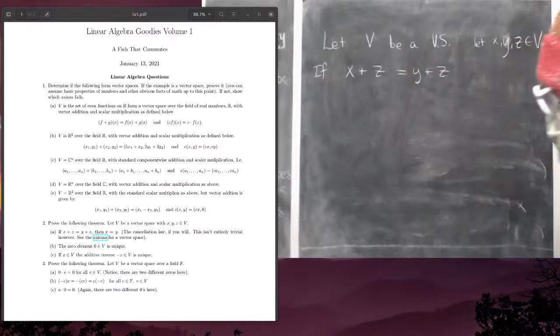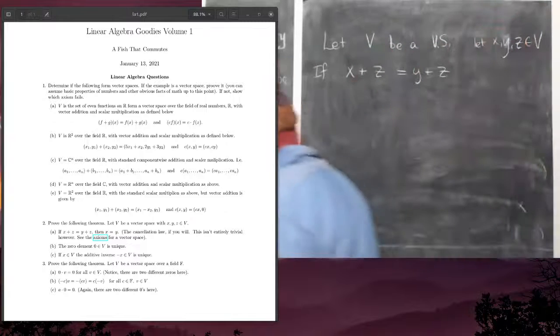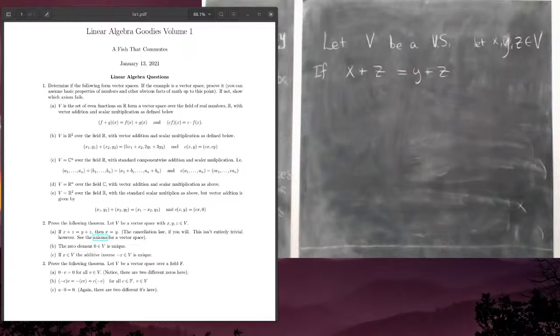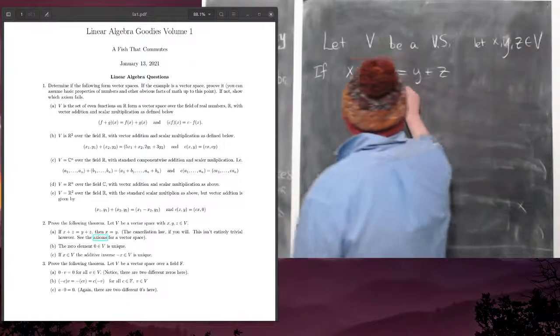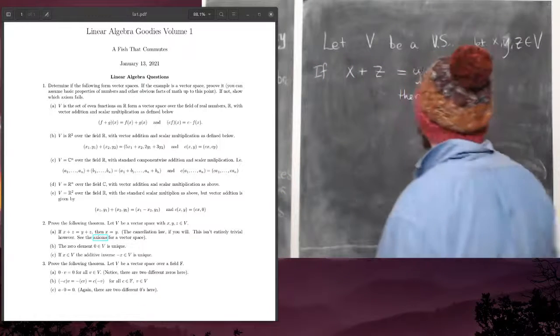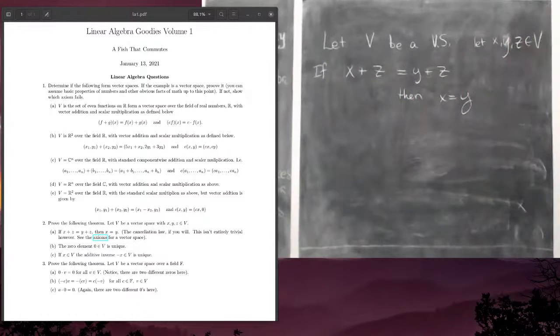then, so what are we going to do about that one? We need to show that x equals y. And this isn't surprising, right? Your intuition is like, well, yeah, just subtract z from both sides.